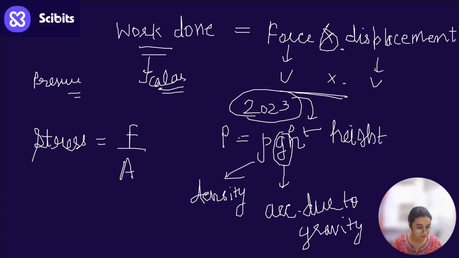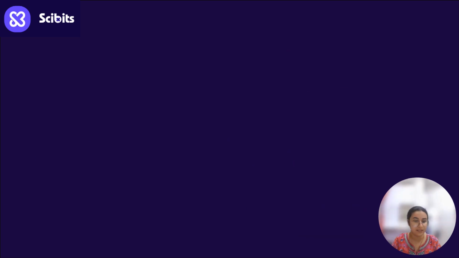Okay, let's move on to another concept, that is absolute error and relative error. Let me first tell you very briefly what error is. Let's say there is a true value.